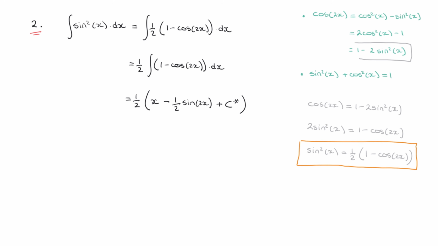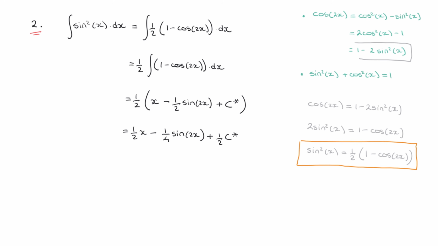And all we have to do now is distribute this half across this pair of parentheses, which leads to 1/2 of x minus 1/2 of 1/2 of sine 2x, which is 1/4 of sine of 2x. And we'll add to that 1/2 of this constant of integration, which will be 1/2 of c star.